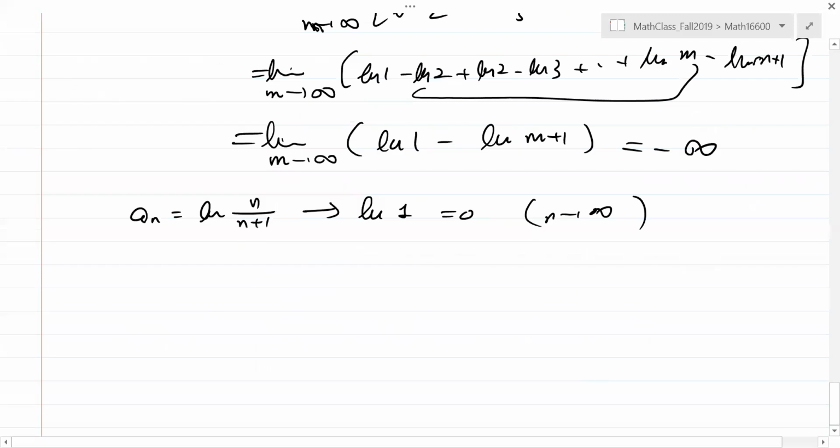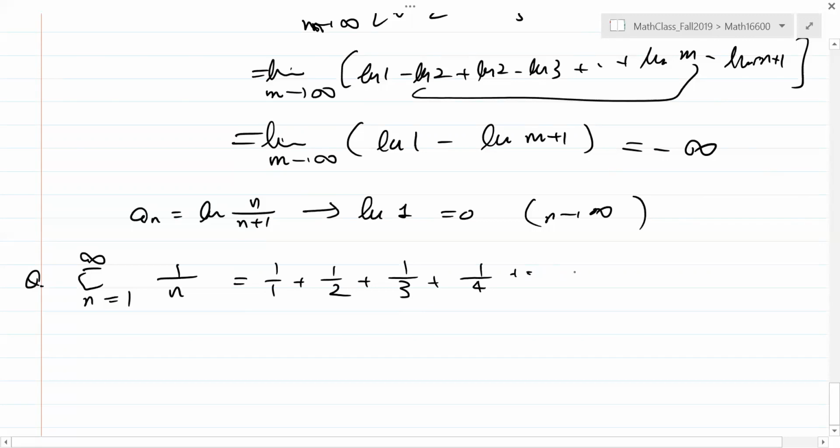Okay, a typical example is the so-called harmonic series. Let's look at the series. It's 1 over n. So it's going to be 1 over 1 plus 1 over 2 plus 1 over 3 plus 1 over 4, and keep going.